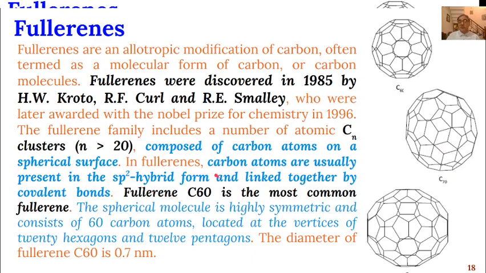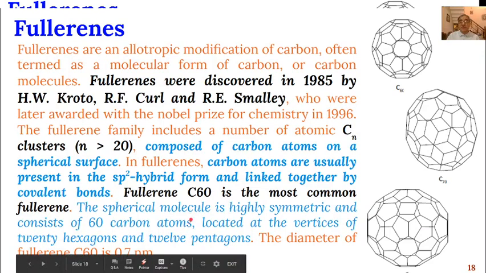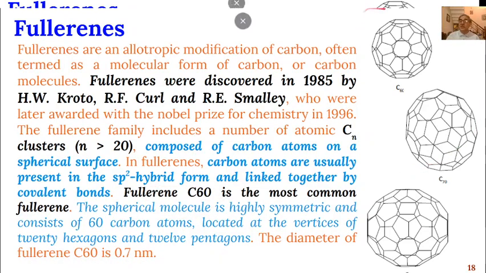And the most common fullerene is C60. This is the most common fullerene. Here the 60 carbon atoms are joined by hexagons and pentagons in this fashion to form this fullerene. And here all the carbon atoms are sp2 hybridized and linked through covalent bonds.